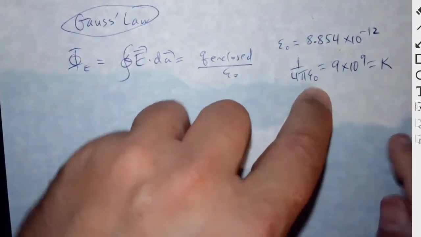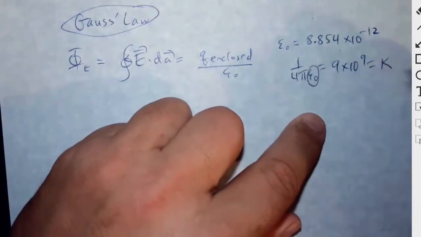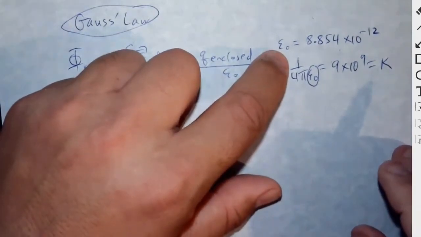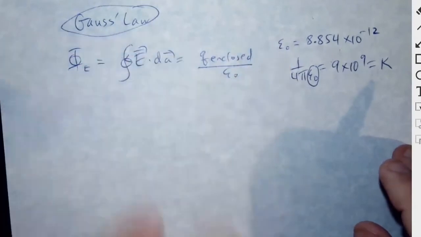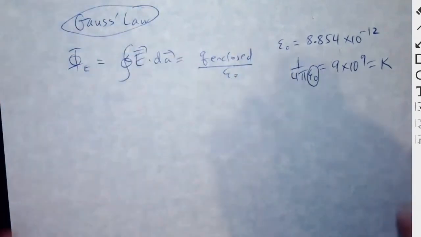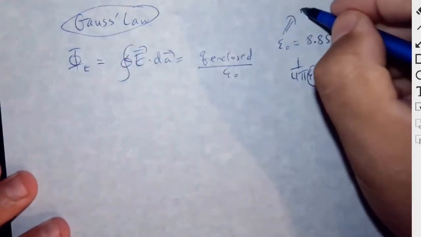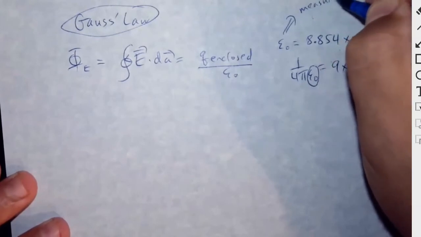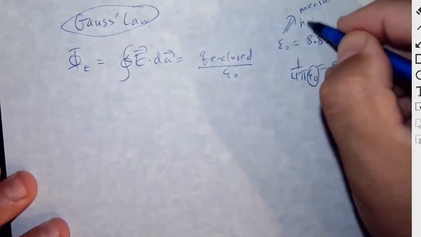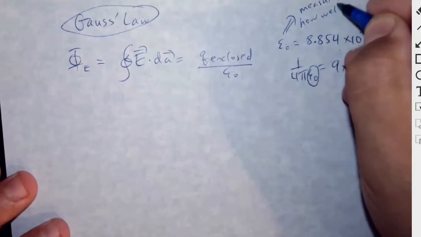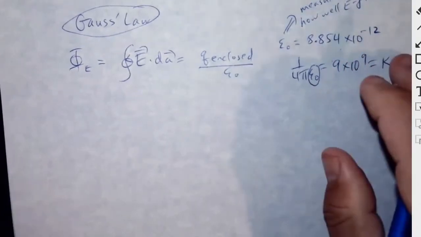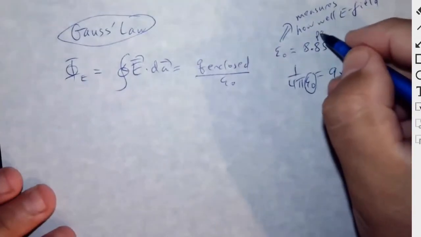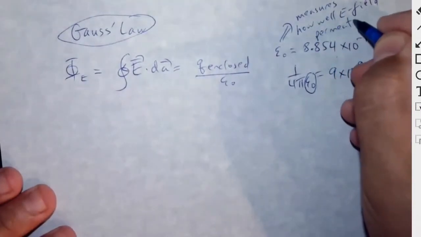So E0 is just this portion, and it's a measure of how well vacuum can allow the permeation of electric fields. So it measures how well electric field permeates through vacuum.